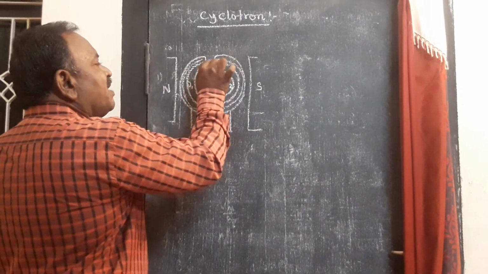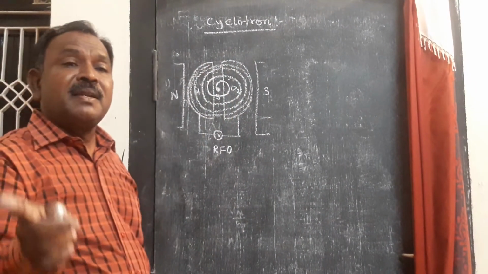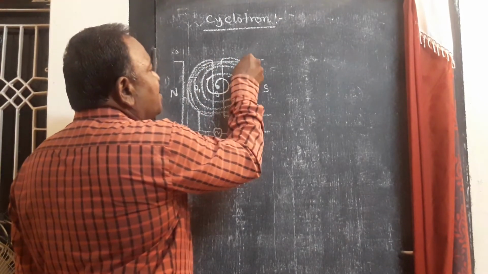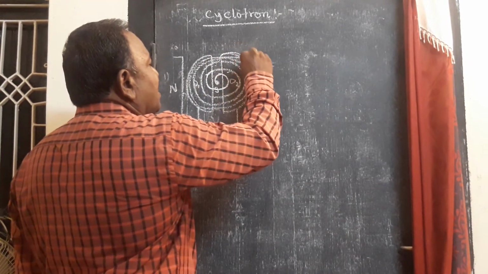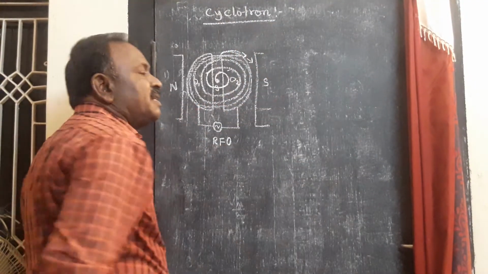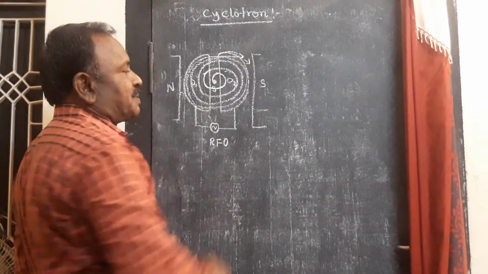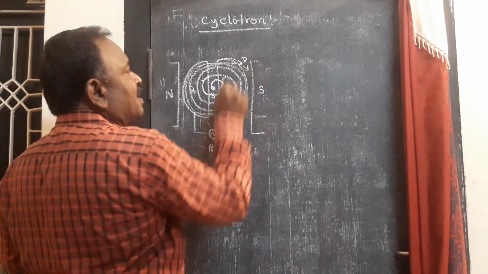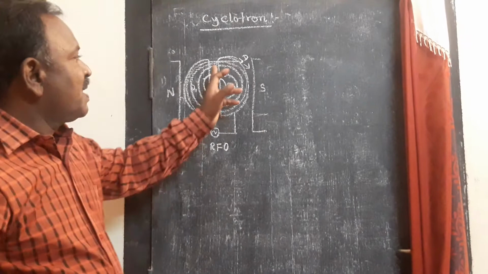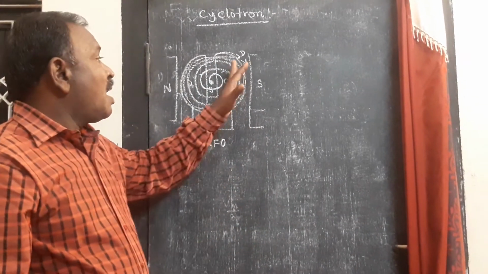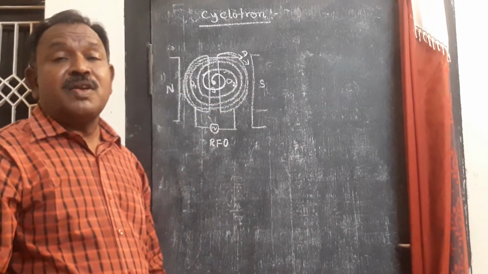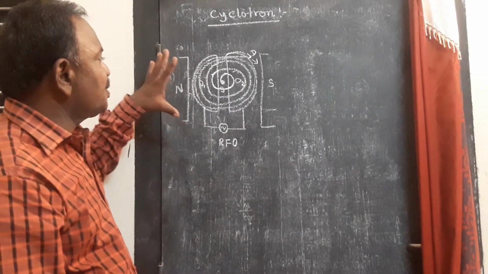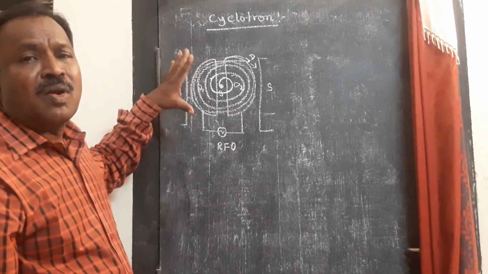Every time it crosses the gap, the particle gets accelerated. Finally, this very high energy particle is taken out from the Ds by a deflector plate. By giving a high potential to this deflector plate, the charged particle is taken out from the cyclotron and made to hit the target nuclei to produce nuclear disintegration. So this is how a cyclotron works.